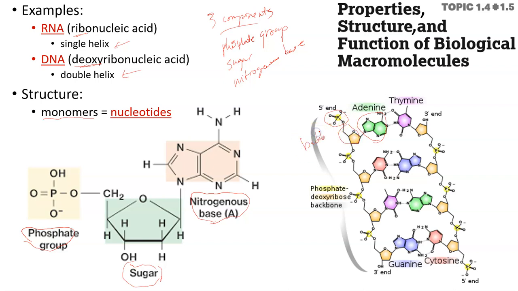This is the backbone. That's why it's called a sugar phosphate backbone. So phosphate and sugar make up the backbone, and the nitrogenous base is the hydrogen bonding and has the actual code, right? The code is actually carried in that nitrogenous base.